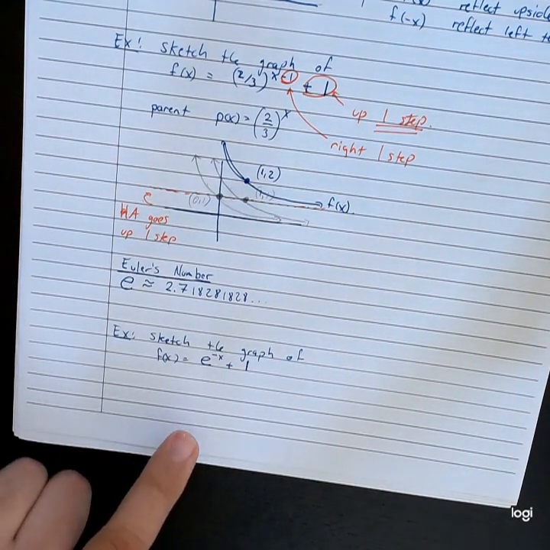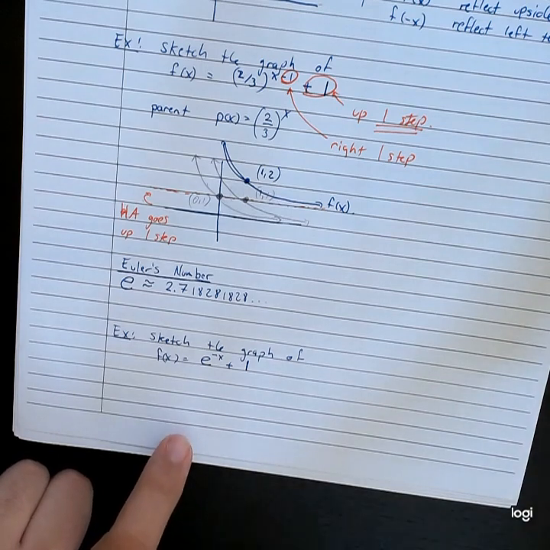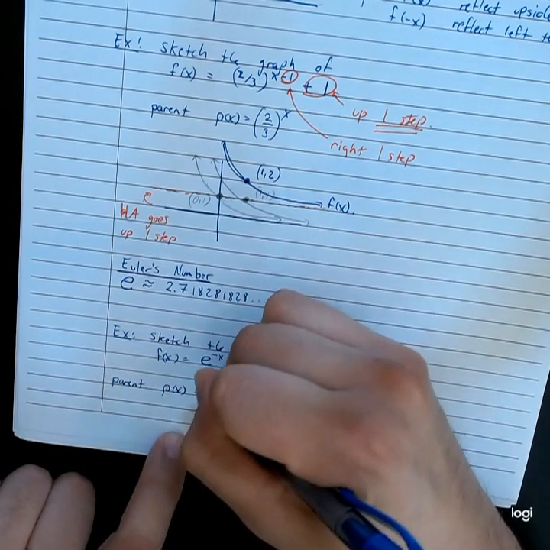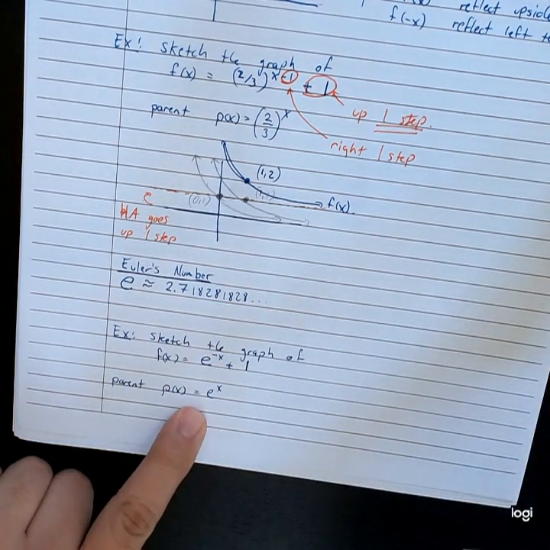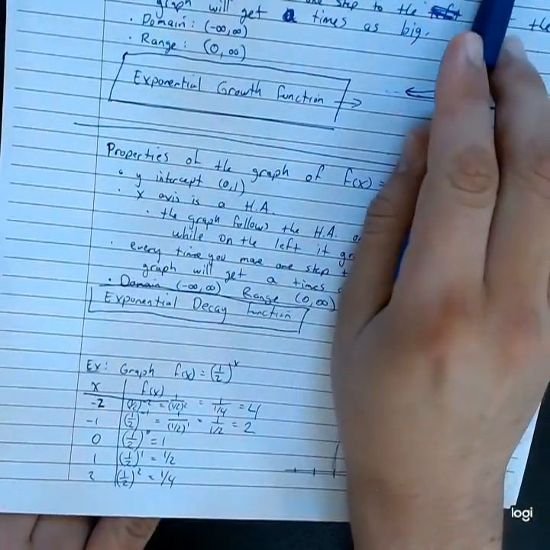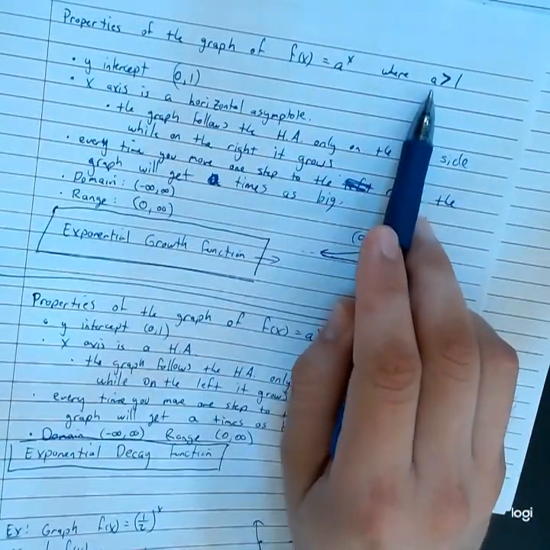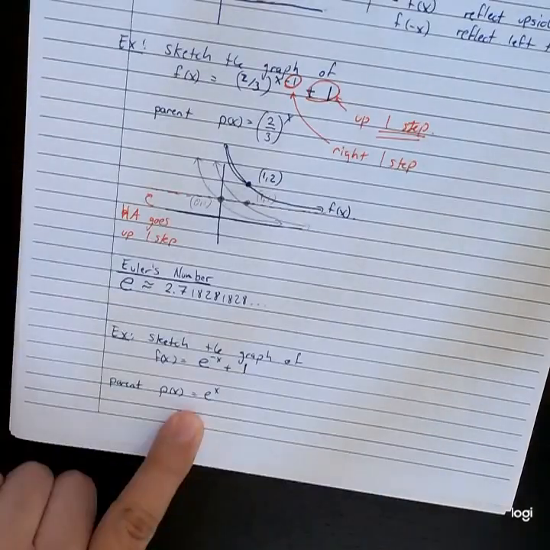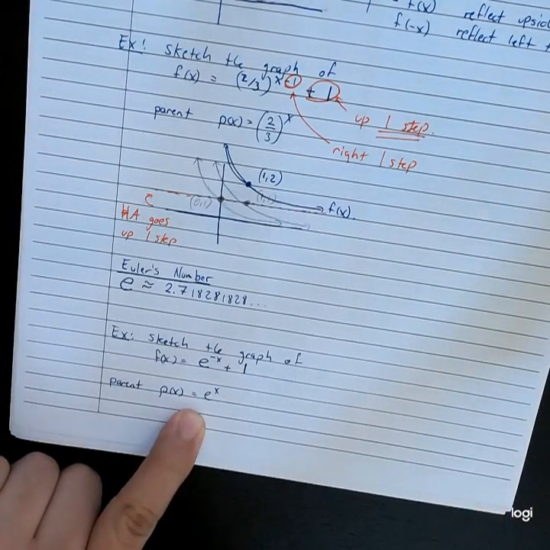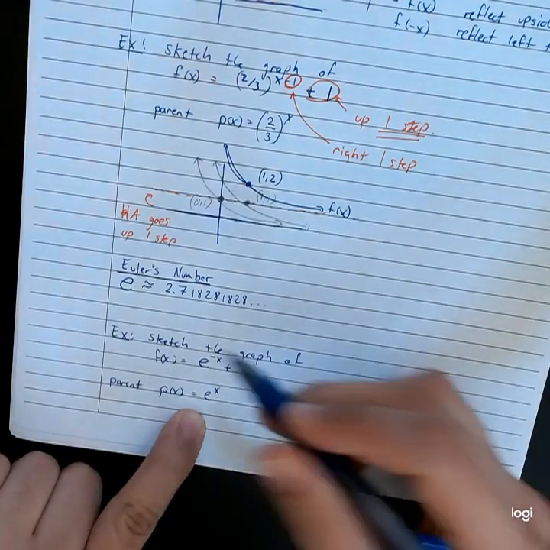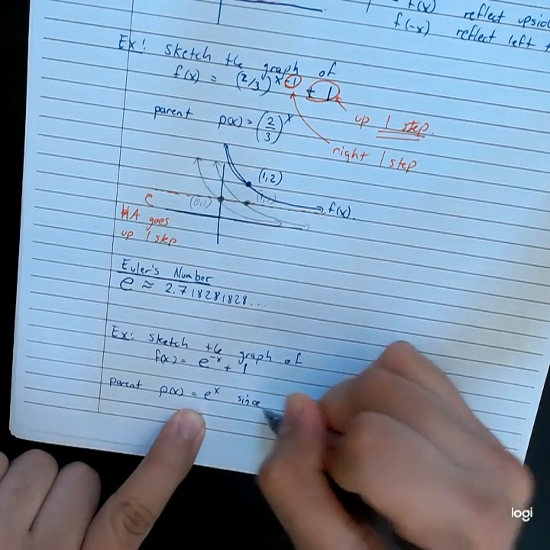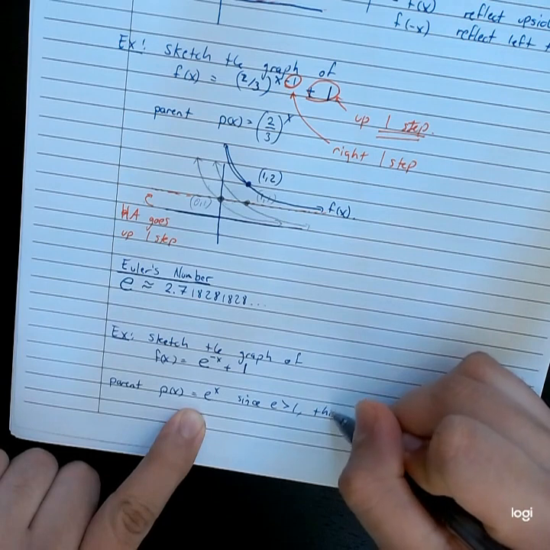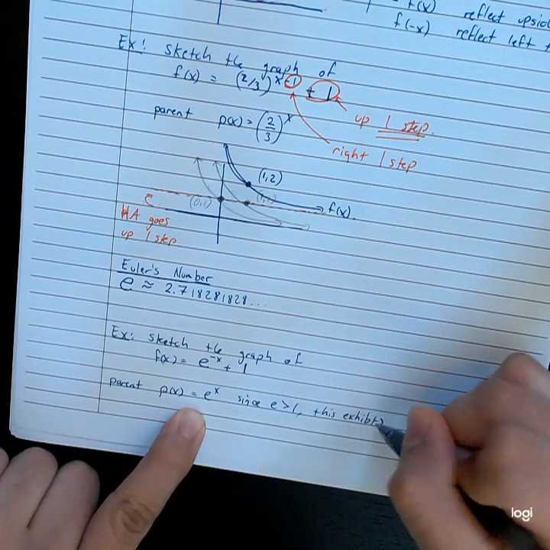And so my parent function is e to the x. Since e is a number that's about 2.7 something, that's definitely greater than 1. So since my base is greater than 1, my parent function is the exponential growth function. That number is a little more complicated than some of the other numbers we've seen, but the parent function is still the same. Since e is greater than 1, this exhibits exponential growth.